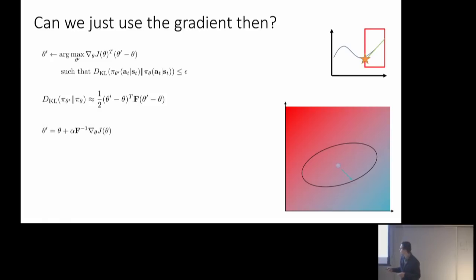And of course, if you work through the algebra to figure out the optimum of that optimization problem, the one that has a linear objective and a quadratic constraint, it's very much like gradient ascent, except that now you have to multiply the gradient by capital F inverse. And it makes sense that you multiply by capital F inverse because you've rescaled your ellipse by F. So if you want to go to the edge of it, you have to do capital F inverse.